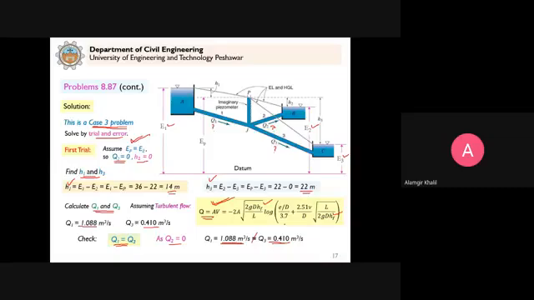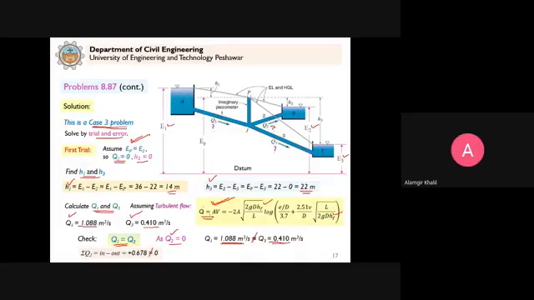Clear? So it means the summation of Q is not equal to 0. If the summation of Q was equal to 0, then these would be the correct values; we would say Q1 equals Q3 are the correct values and Q2 is equal to 0. But since this is not the case, because the summation of Q, the required condition, that should be 0, is not equal to 0, we proceed to the next try.